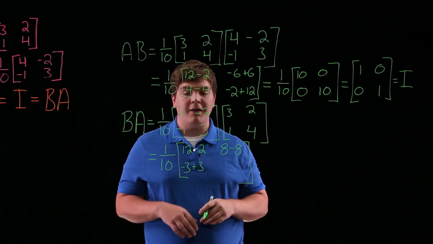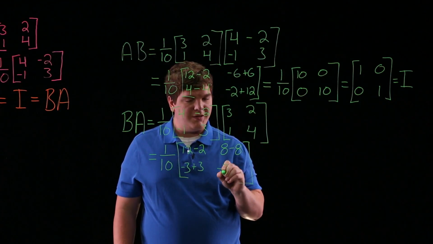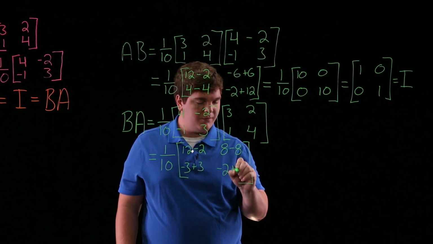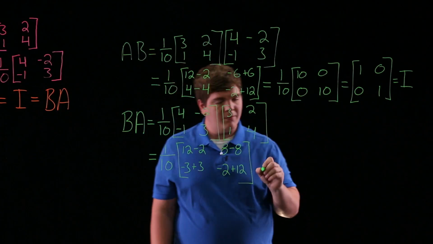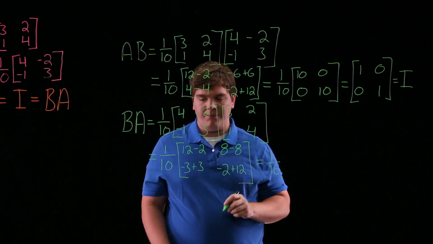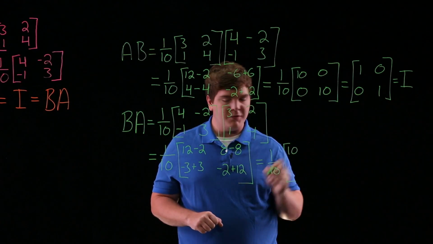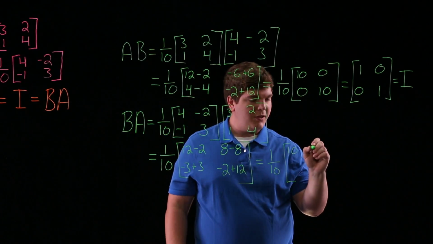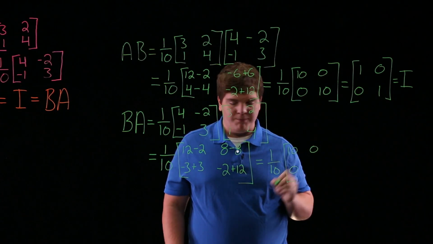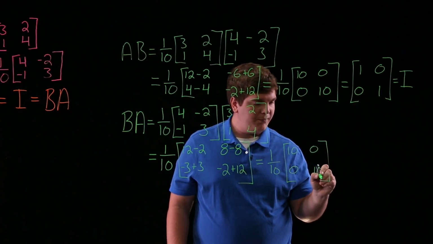And in the second row, second column, we have -1 times 2, which is -2, plus 3 times 4, which is 12. Now this simplifies to 1/10 times 10 in the first row, first column, 0 in the first row, second column, 0 in the second row, first column, and 10 in the second row, second column.